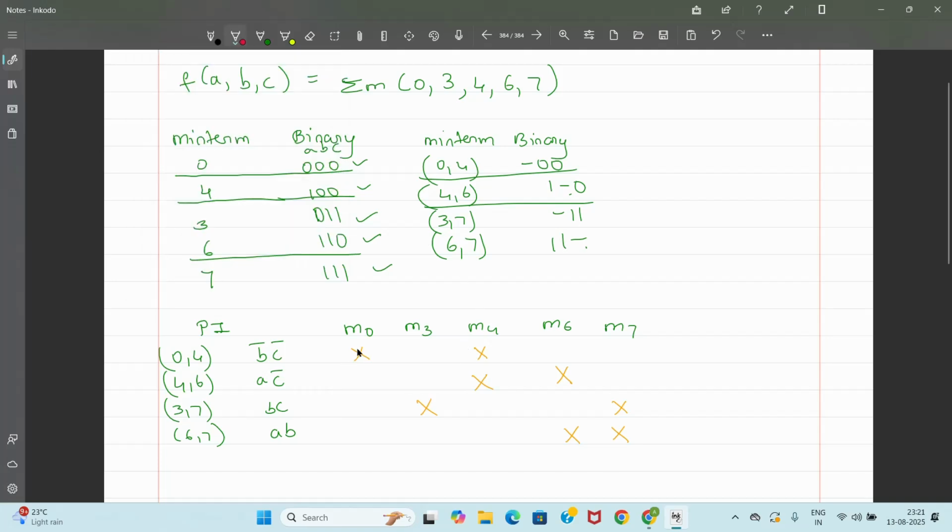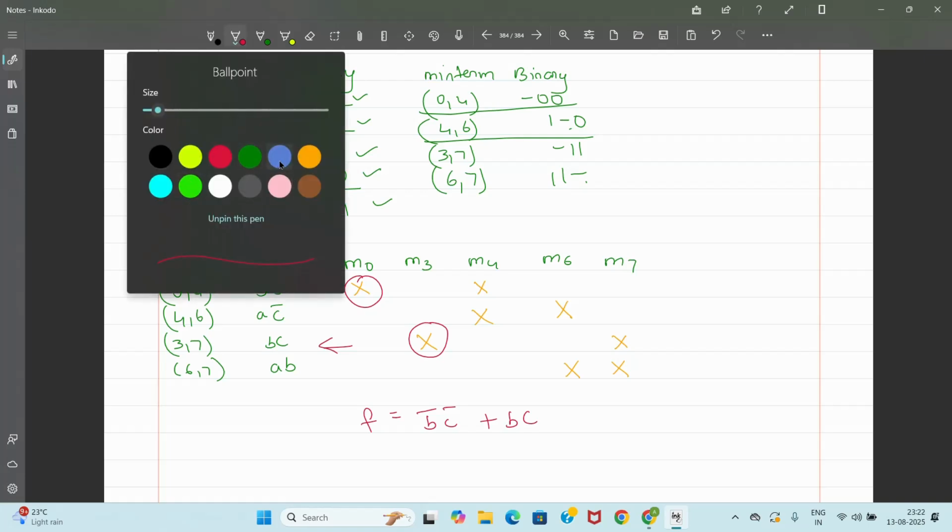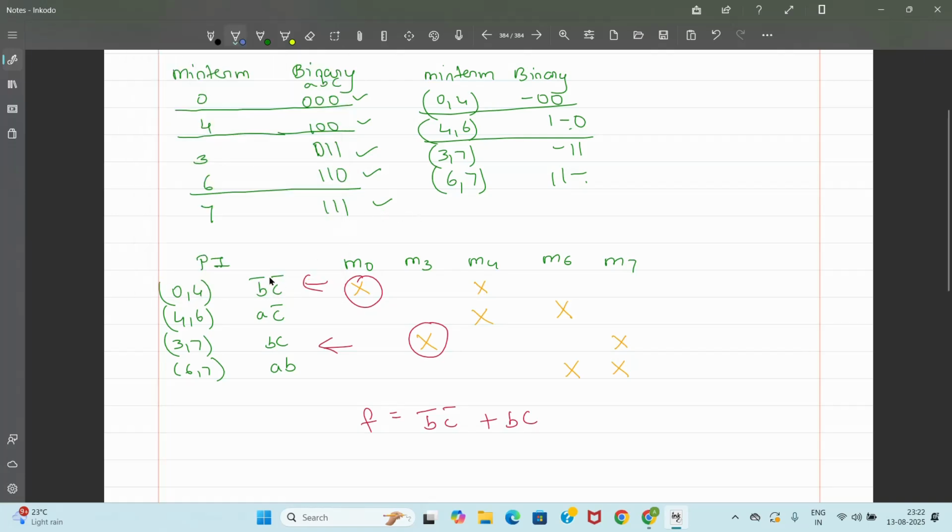And circle single X. 2, 2, 2. Only 2 are there. So 2 rows will be there in your equation. But one is B bar C bar, other one is BC. Now for the final confirmation, pick the numbers which are there in these two equations. B bar C bar is covering 0 and 4, so M0, M4. This is 3 and 7.